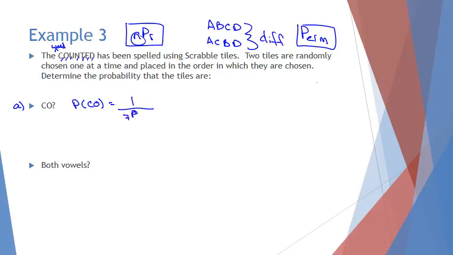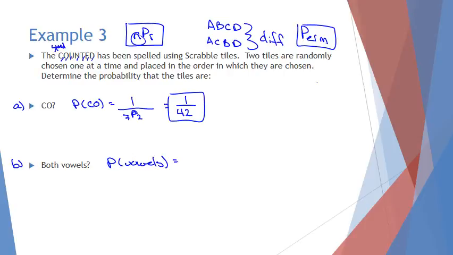And of those 7, I need 2. All right, and then we could just calculate it. And I wasn't calculating those previous ones. Here's one that's real quick, but you just get 1 over 42. Okay, so again, your calculator is likely doing that part for you. Now let's move on to both vowels. Okay, we want vowels.